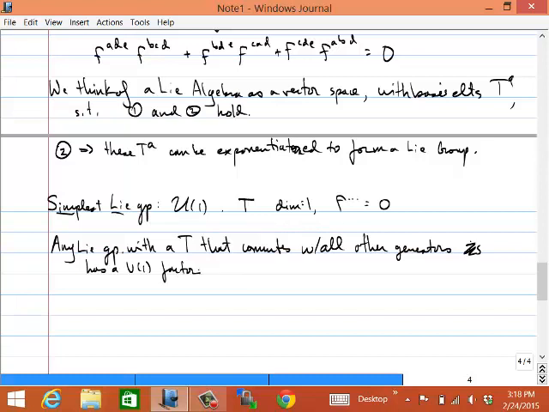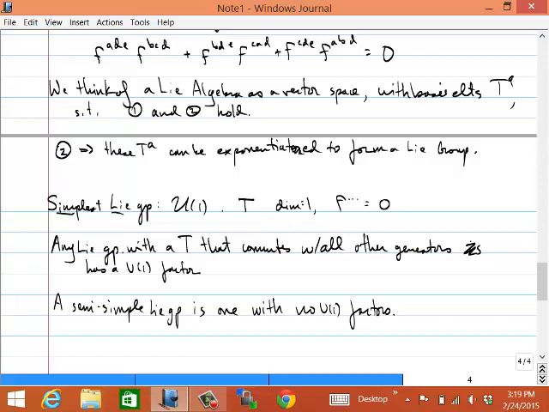And so you could just go ahead and throw out that generator and look at the ones that are left over. And so we refer to a semi-simple Lie group as one with no U1 factors. So every Lie group is going to be a semi-simple Lie group along with a bunch of U1 factors.